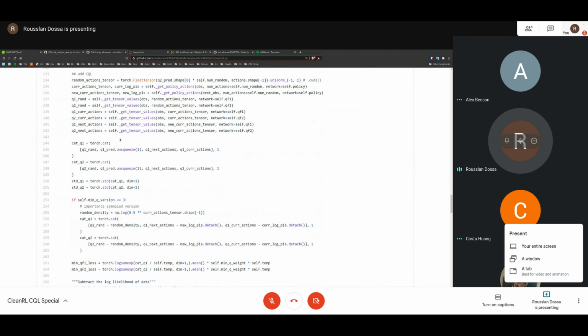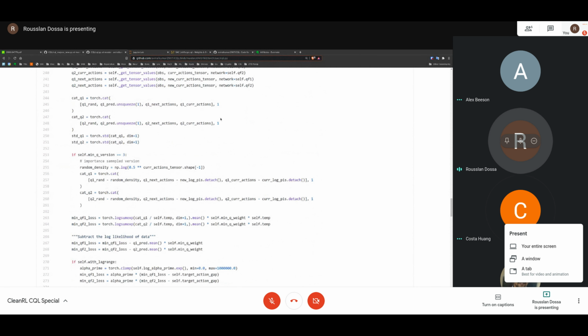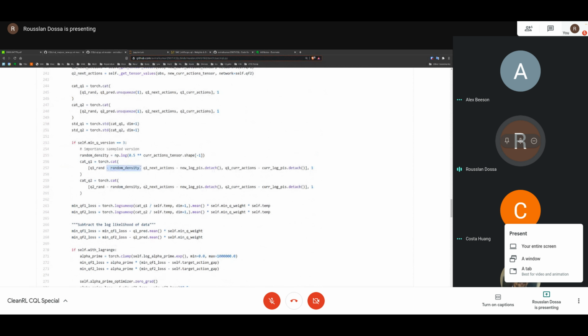And that's the version without importance sampling. So I believe your version only uses this one, I think. Yes, at the moment, yeah. Yes, and the current policy. But since they have augmented with all this additional data, with the importance sampled version, you can notice that all they do is subtract the log probability corresponding to each method of sampling, basically.